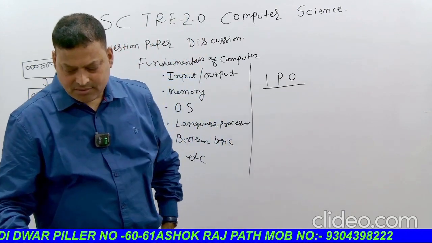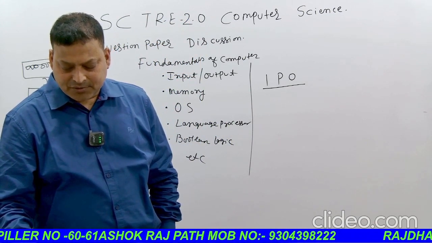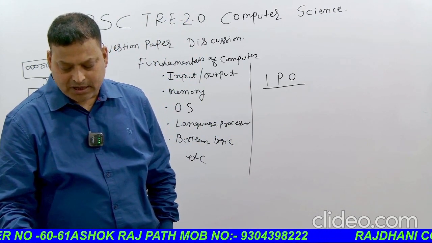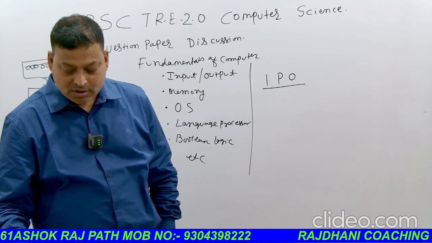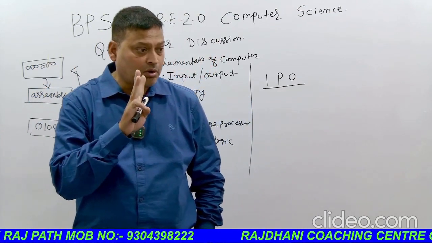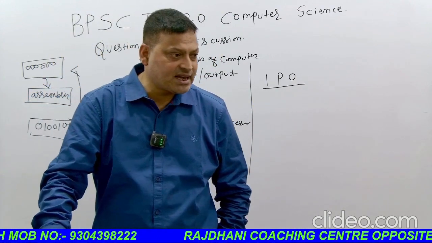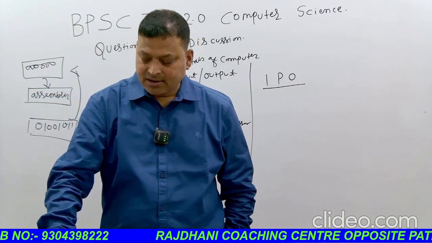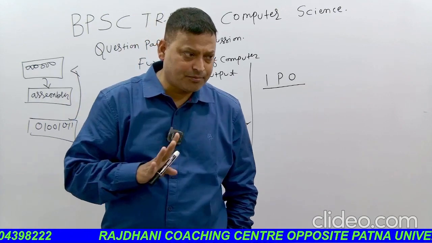Next question: a computer program that converts a high level language program into equivalent machine level program is called? Now see, here we have three appropriate options. Don't be confused. Assembler is there, compiler is there, loader is there. Loader is another thing. Loader is not a kind of translator.